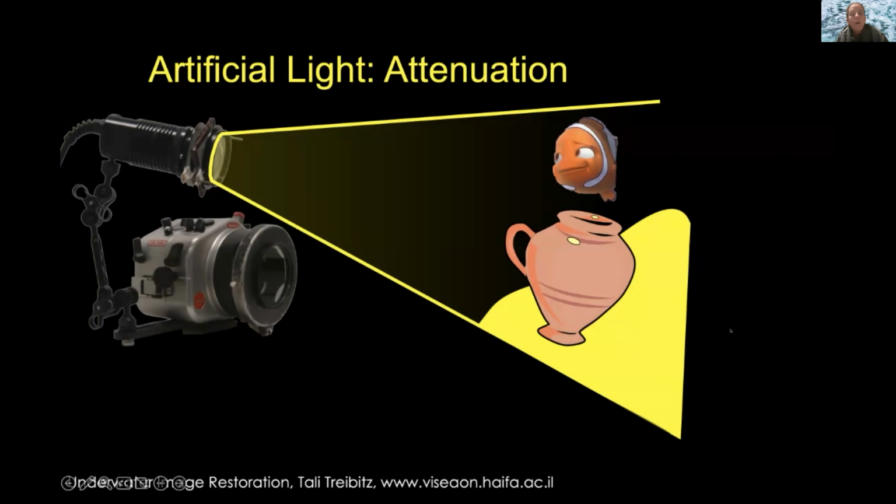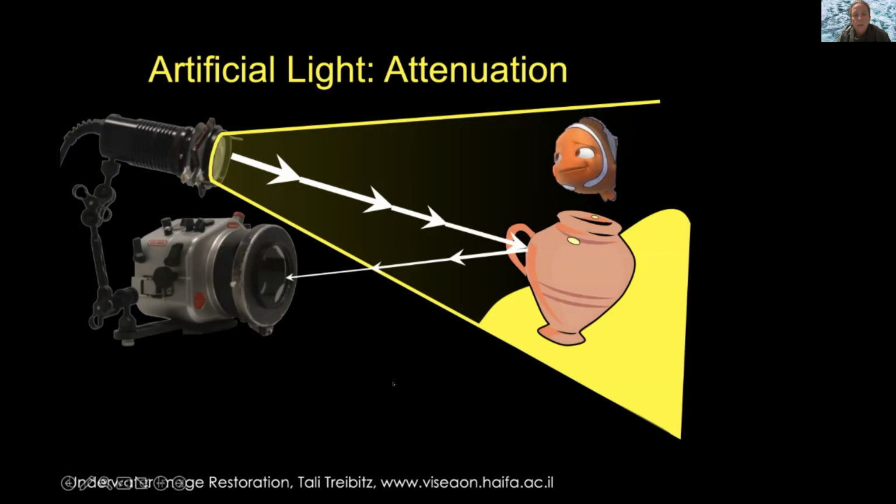Now what happens when we use lights, like Alex showed you? Then things are more complicated because the geometry is not symmetric. There are some more dependencies. Basically the same things happen, but now we have light from the light source. It is attenuated on the way to the object and from the object to the camera.